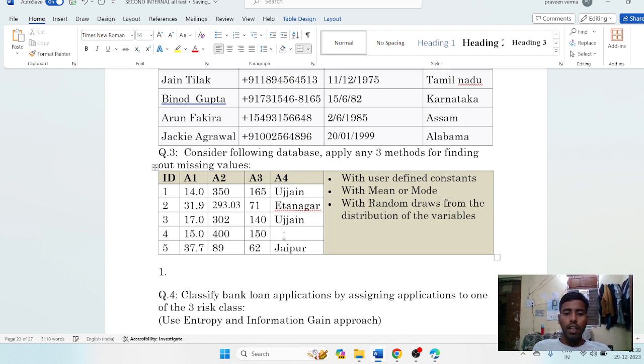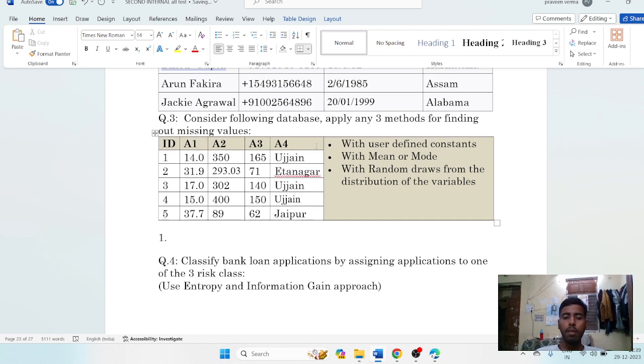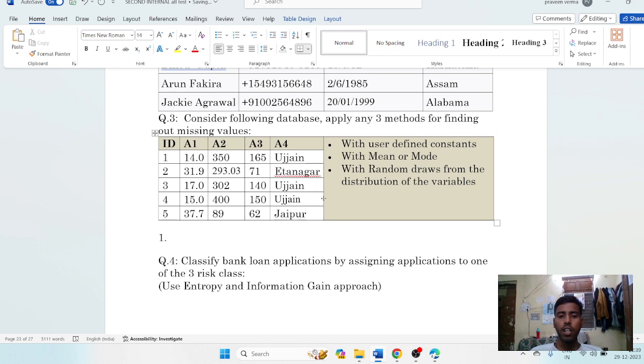Here I will place Jain because it is coming many times, much more than others. After finding the missing values and putting them here, the data set should look like this.